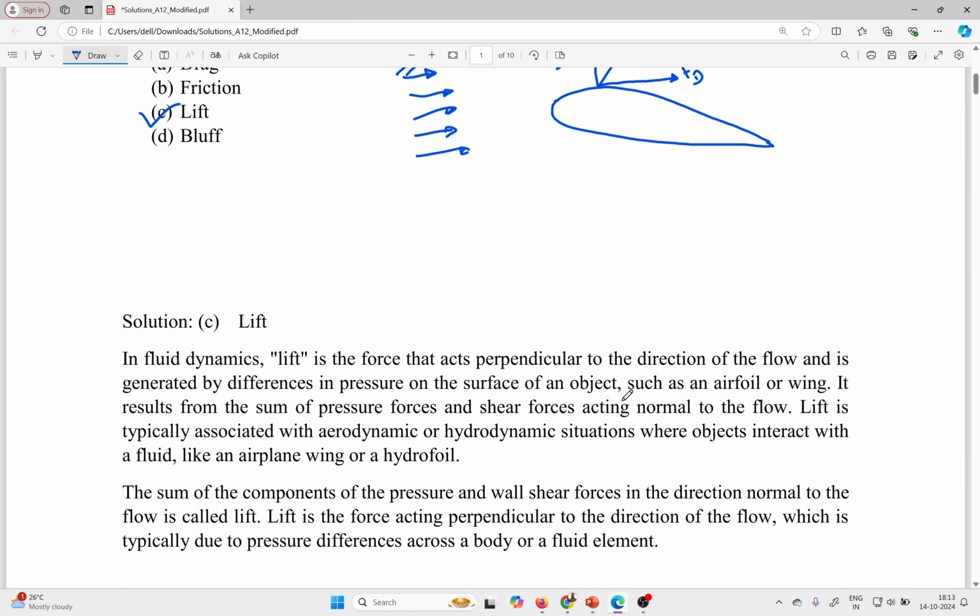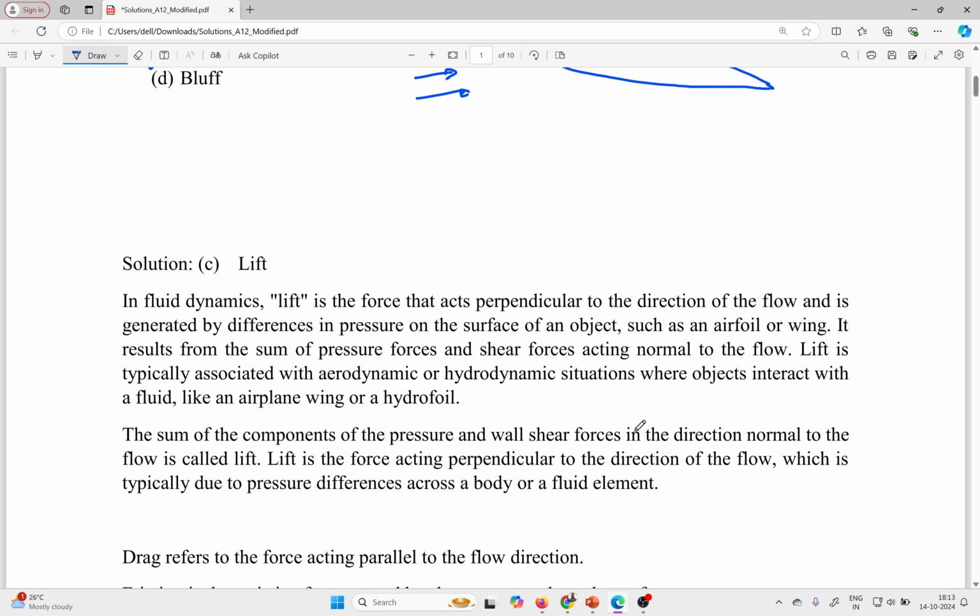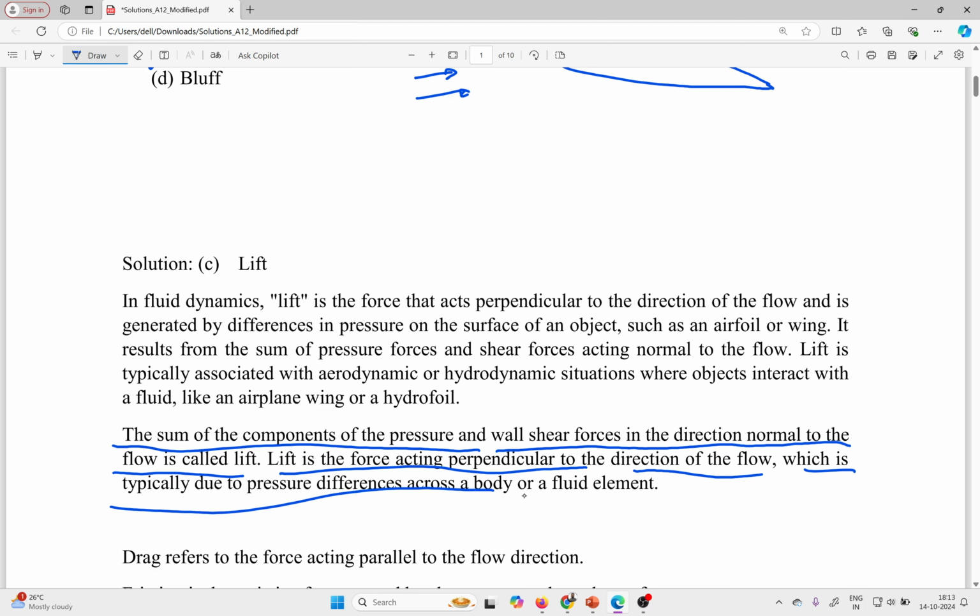Now here is some explanation. The sum of the component of pressure and wall shear force in the direction normal to the flow is called lift. Lift is the force acting perpendicular to the direction of flow, which is typically due to pressure difference across the body or a fluid element.